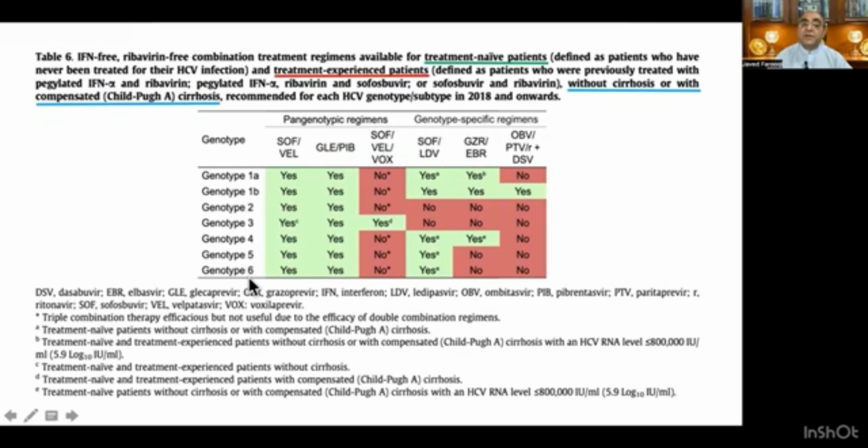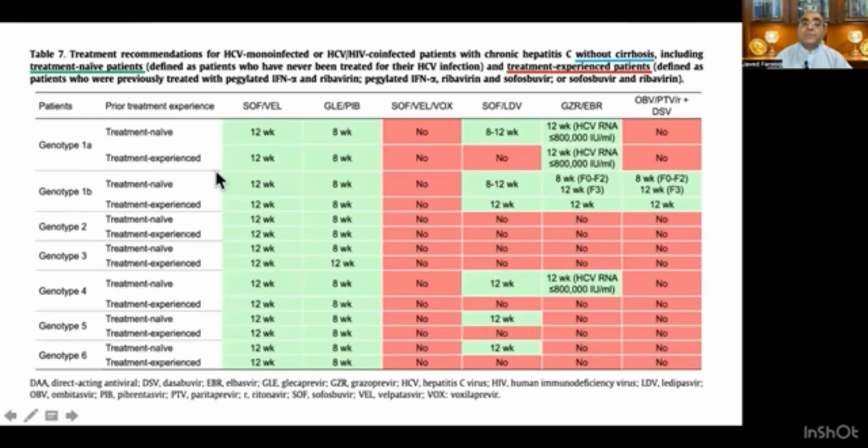And these are the different genotypes. Similarly, this table is again for normal liver patients, either treatment naive or treatment experienced, across different genotypes, and the pangenotypic drugs can be used in all these genotypes. Similarly, sofosbuvir-velpatasvir-voxilaprevir is not recommended because of the availability of these very effective regimens.